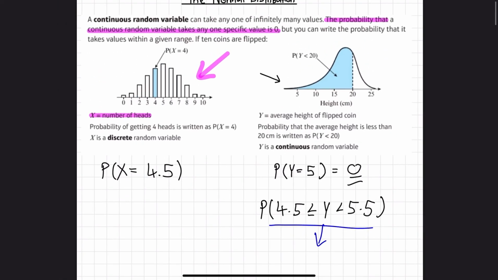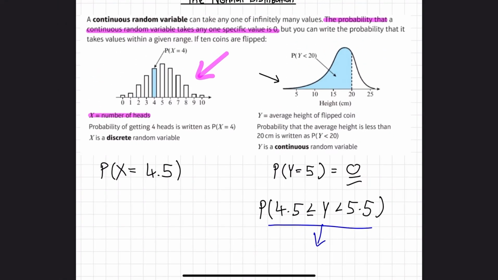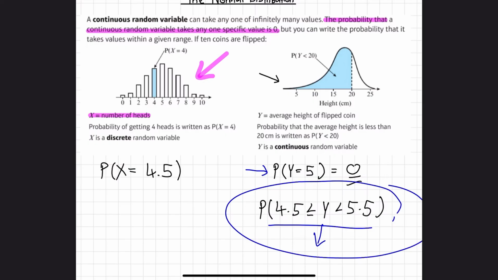I hope that makes sense. That does sound like a bit of waffle, but just try to process it. The likelihood of a coin flipping exactly 5 centimeters in the sky is very unlikely, but if you take this range, you're more likely to get a better idea of how high the coin flips. So yeah, discrete, continuous.